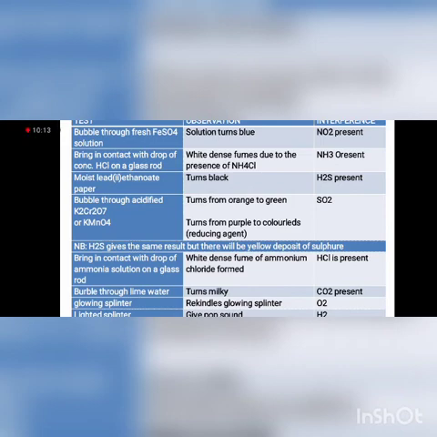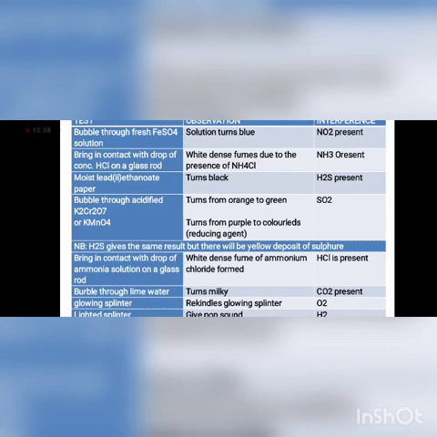That is a specific test for nitrogen 4 oxide. Second one, if you bring in contact the unknown gas with a drop of concentrated HCl on a glass rod, a white dense film due to the presence of ammonium chloride is produced. That shows that ammonia is present.